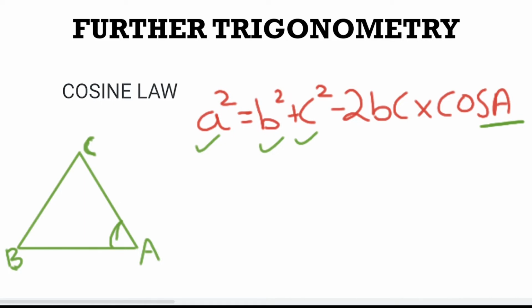The side a will be the side opposite to its angle, which means it will be this side. The side b will be this side, and the side c will be this side, because each is opposite to its angle.